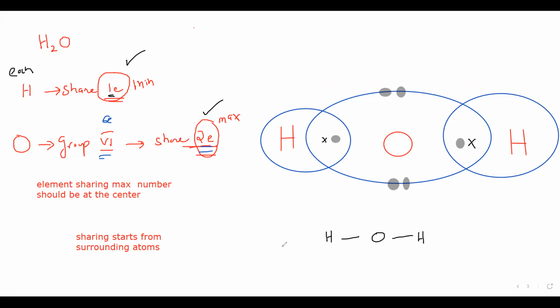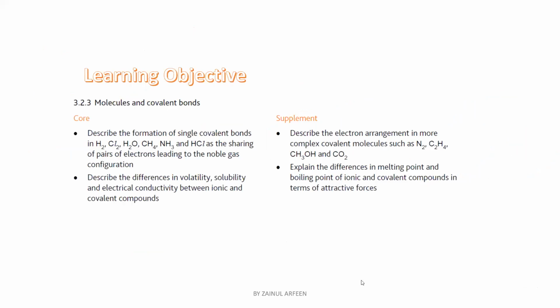Another structure which you should be able to draw is CH4. So how will we draw a structure of CH4? We have to draw a structure of CH4 in which we have carbon.